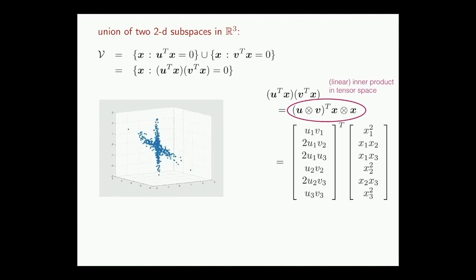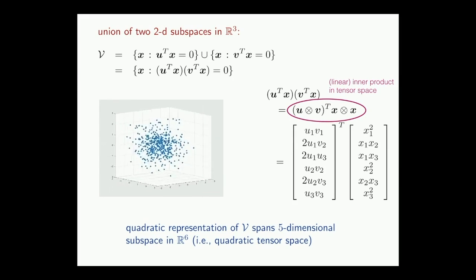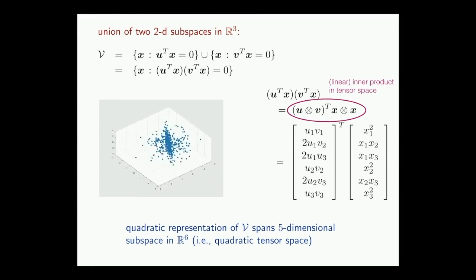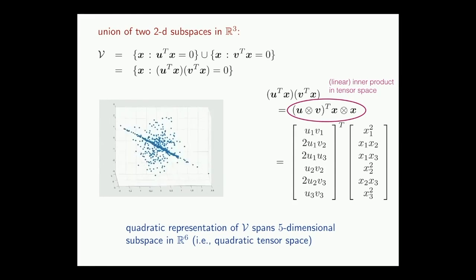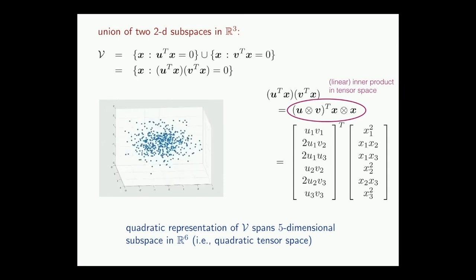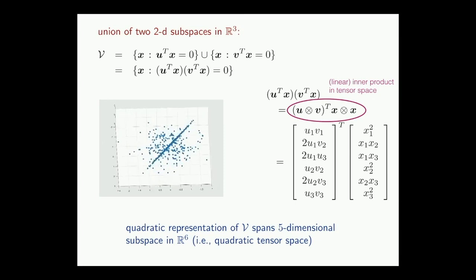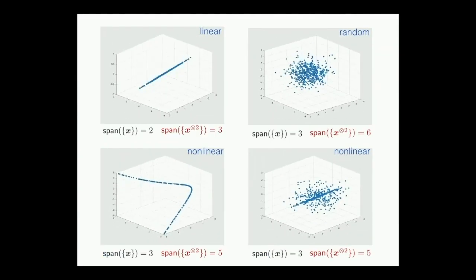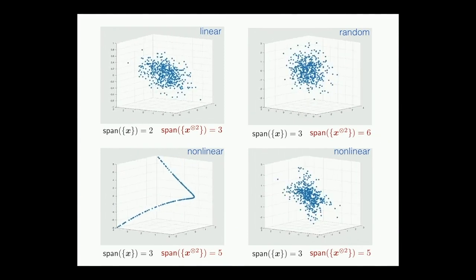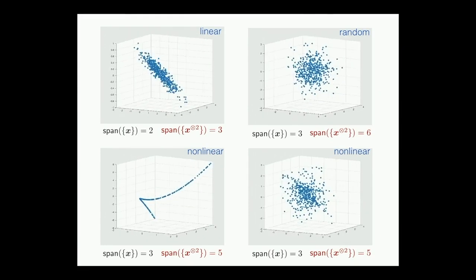So, right, I said that. So quadratic representation. Here in this case, we have this one equation. This is equal to 0. And we're in R6, so that reduces us to a 5-dimensional subspace in that 6-dimensional quadratic representation. All right, so here's just a picture of a bunch of different sets of data points: a linear variety, 2 nonlinear varieties, just a bunch of random points.